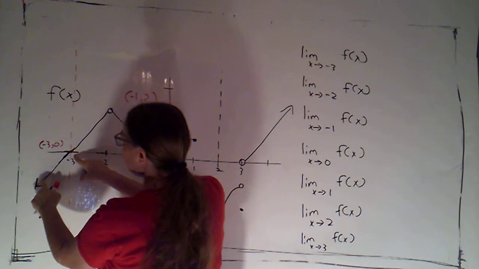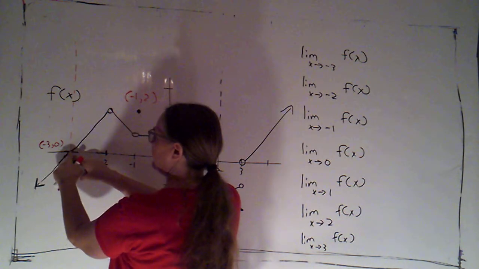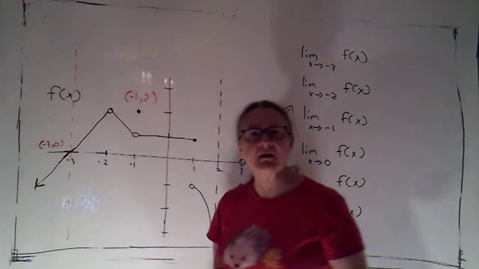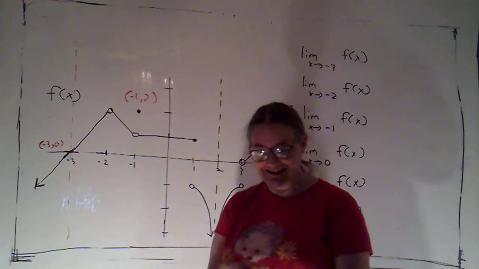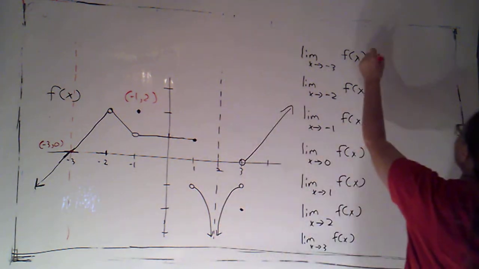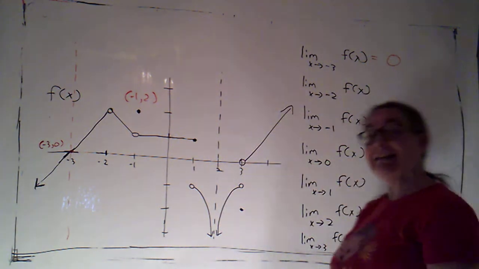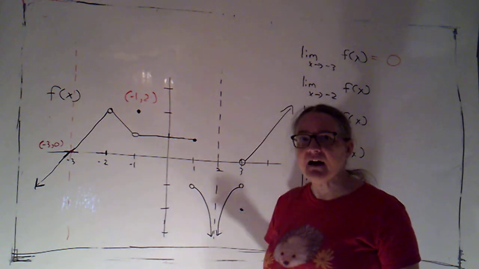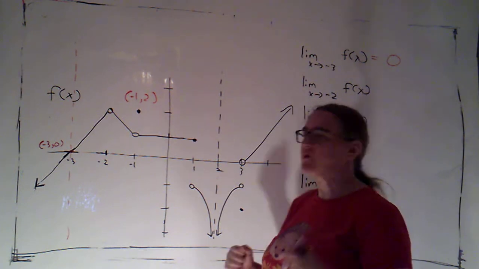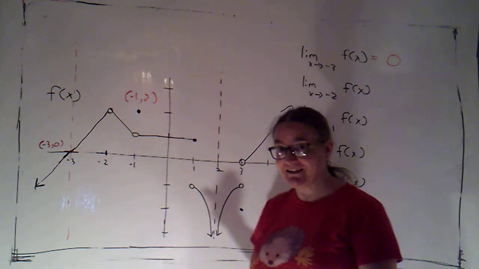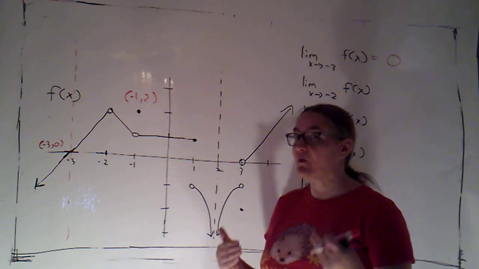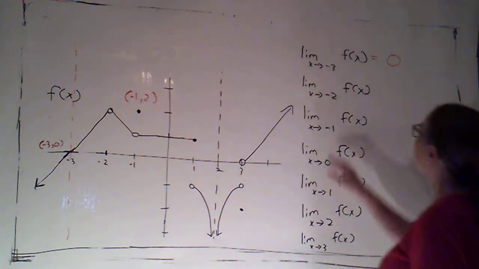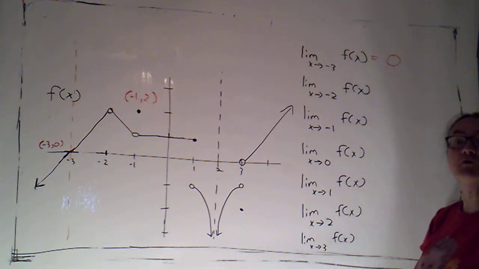And as we follow the graph getting closer and closer to -3, coming in from the left, coming in from the right, I expect there to be a point right where it is. And so it turns out that the limit here is just 0. It is the function value here because nothing weird happened. I got exactly what I expected. So here, the answer to what's the limit and the answer to what's the y value of the point is exactly the same.